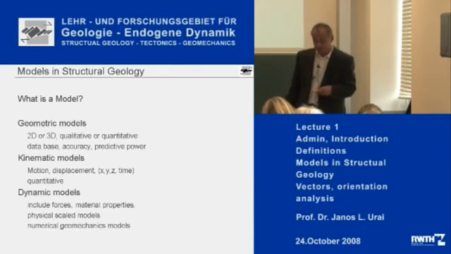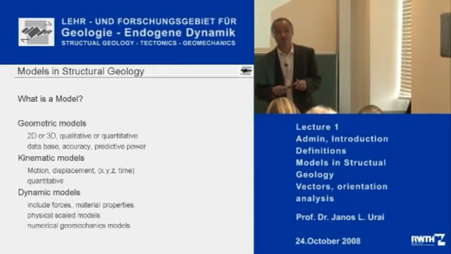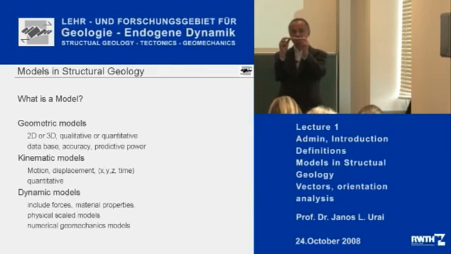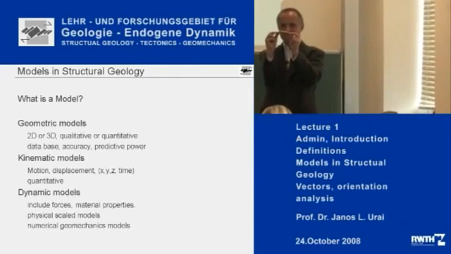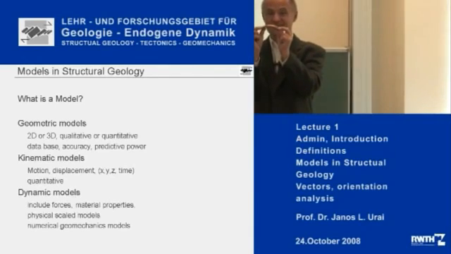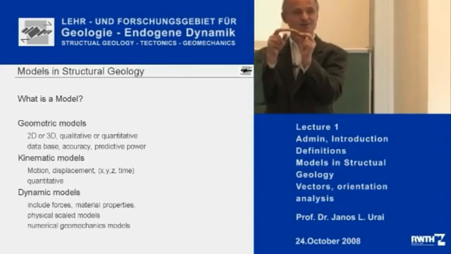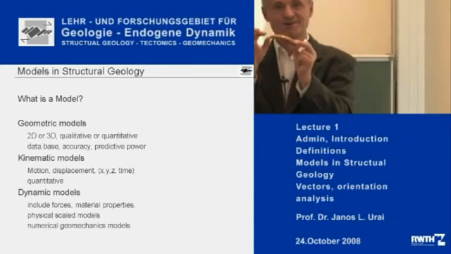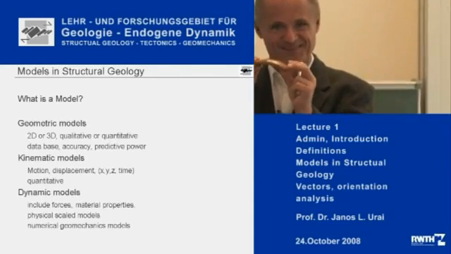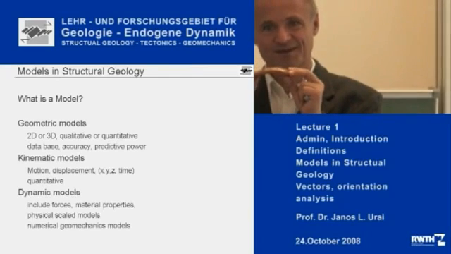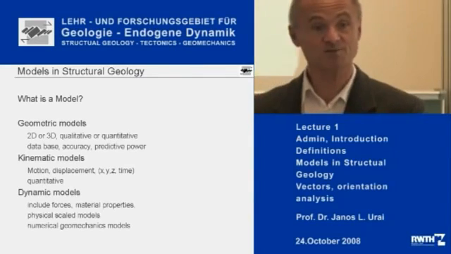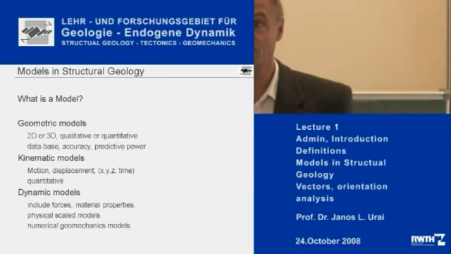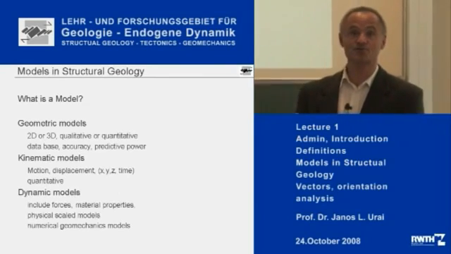Dynamic models would be models where I don't just describe the change in shape, but at every point in this cookie, I tell you the forces, and I tell you the properties. Okay? Dynamic models are much, much more complete. Therefore, they are much, much more difficult to make.